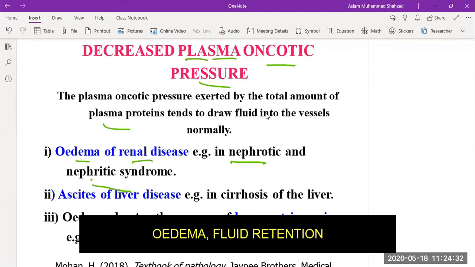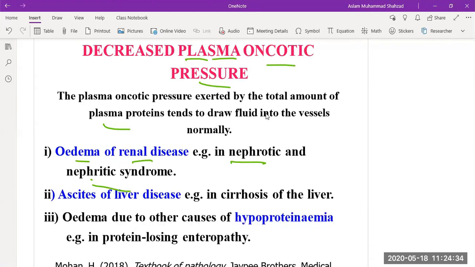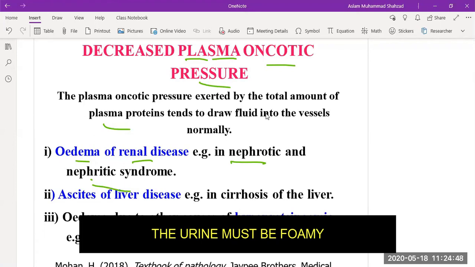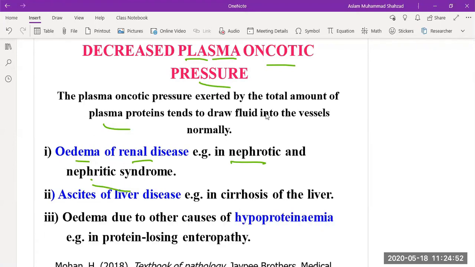And how can we know that the patient has edema because of nephrotic syndrome? The fluid retention can be easily seen around the ankles and around the eyes. The urine must be foamy because of the greater excretion of the protein. So these are all indicators showing you the presence of nephrotic syndrome.